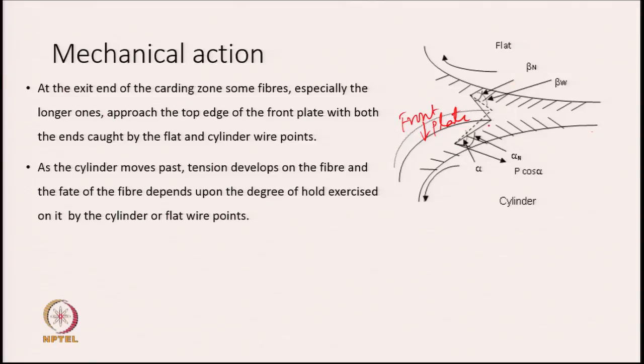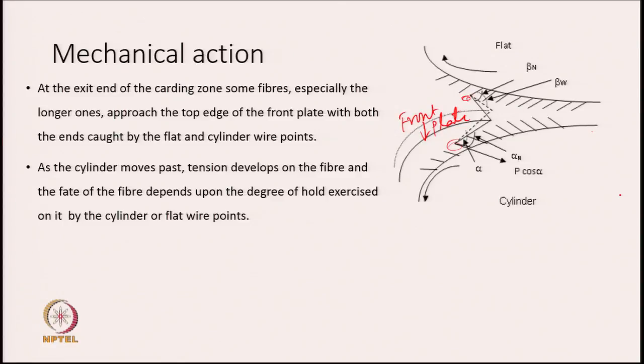Like here is a fiber where this end is caught by the flat rod points and this end is caught by the cylinder rod points, and the middle of the fiber is now caught by the edge of the front plate.